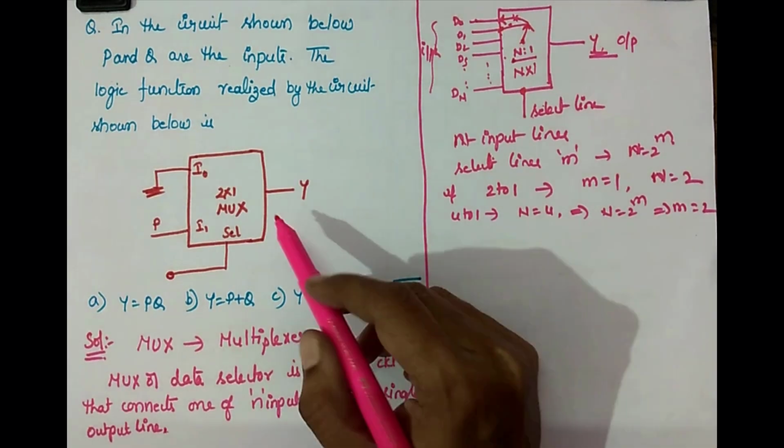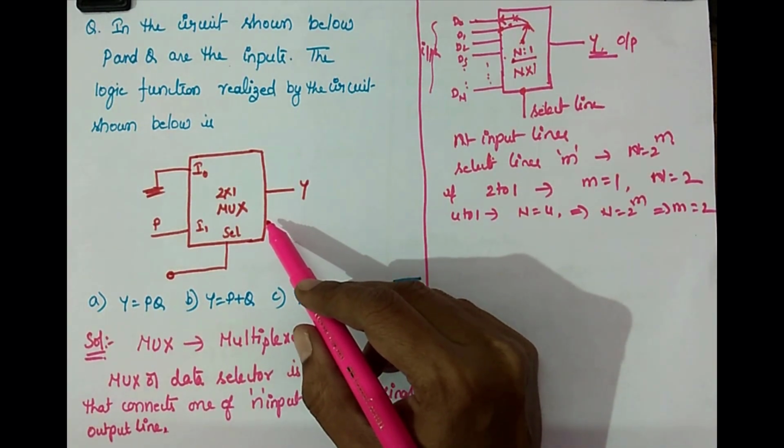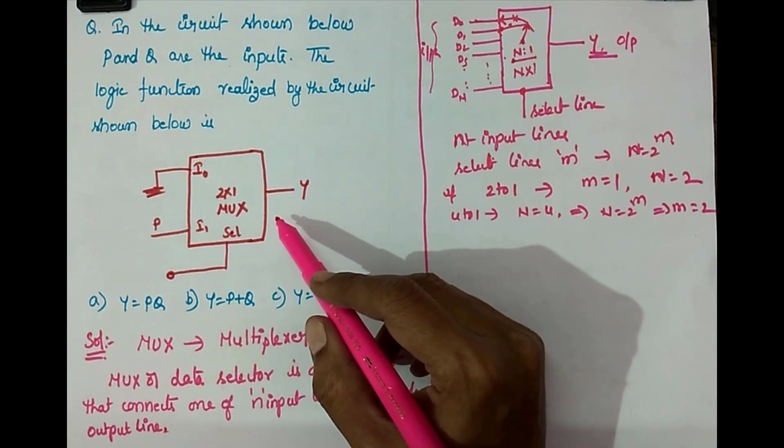So now what is the problem? Here the problem is for a 2:1 mux.